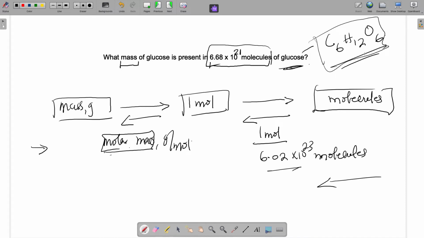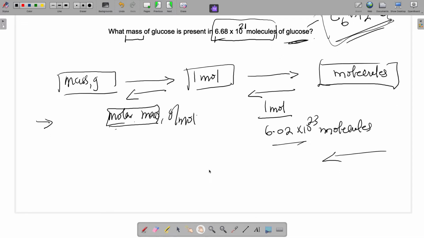We just can't look on the periodic table and find the molar mass right there. We have to do some multiplication and addition. So let's find the molar mass of glucose. MM, capital M, lowercase m, stands for the molar mass of glucose, C6H12O6. As you can see, we have 6 atoms of carbon, 12 atoms of hydrogen, and 6 atoms of oxygen.